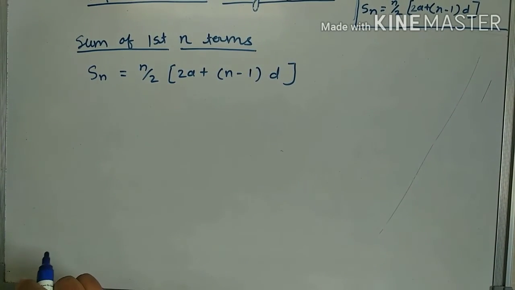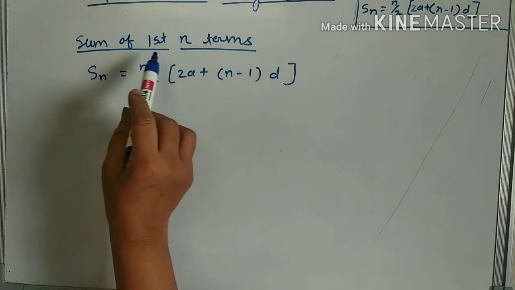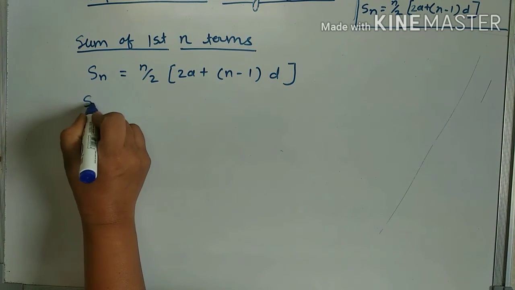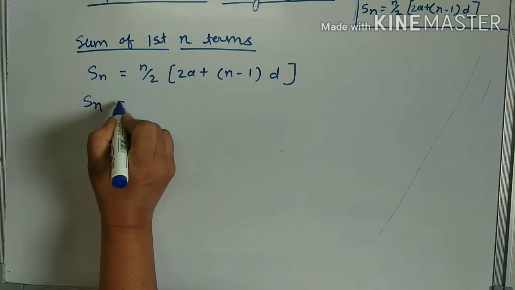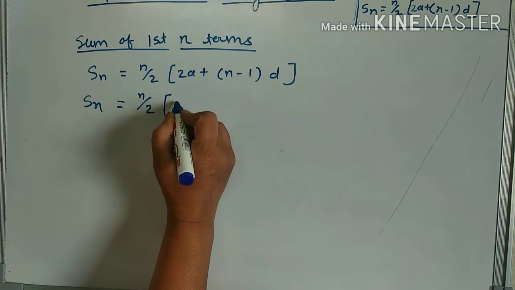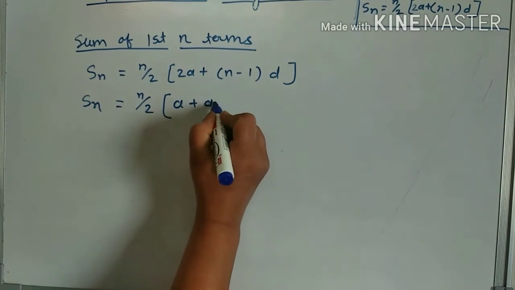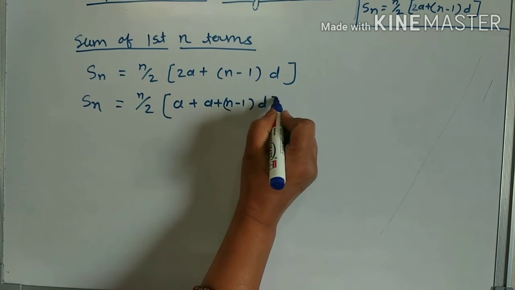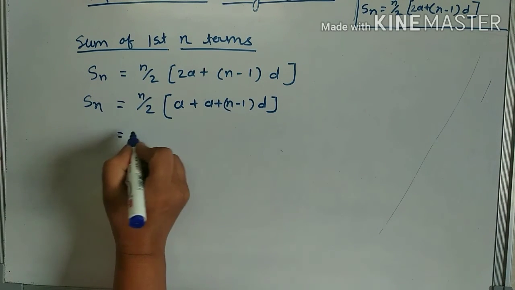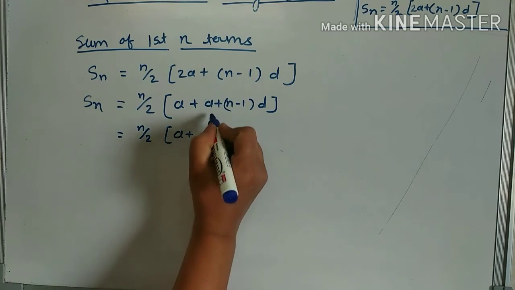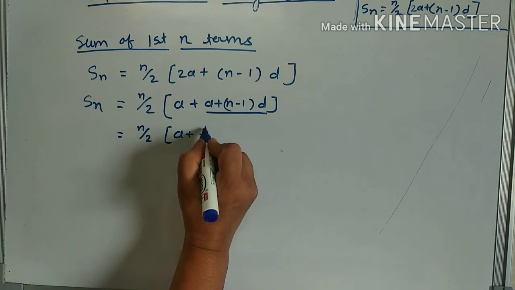We will find one more formula for the sum of the first n terms. So Sn equals n by 2. We write 2A as A plus n minus 1 into D, equals n by 2 into A plus this is Tn.